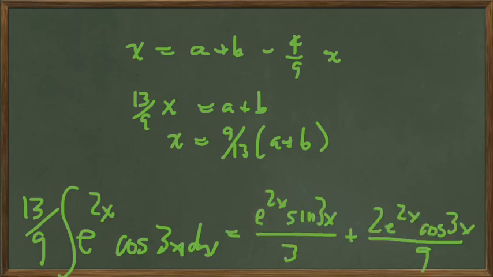So we get this, and then we can just multiply both sides by 9/13, and so the 9 is going to change this numerator here to a 3 and change this numerator here to a 2. And then the denominator of both is going to be 13. So here's what we get.